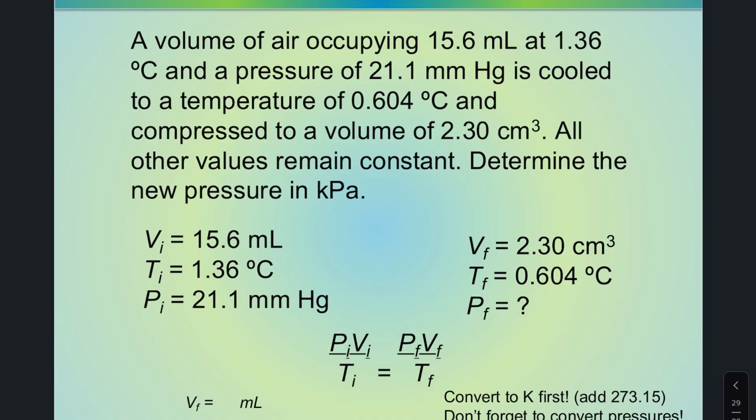Okay, so for this problem, we're going to do the exact same thing, and there are a couple of things we need to watch out for here. If we have a volume of air occupying 15.6 milliliters at 1.36 degrees Celsius and 21.1 millimeters of mercury, this is going to be our V1, this is going to be our T1, and this is going to be our P1.